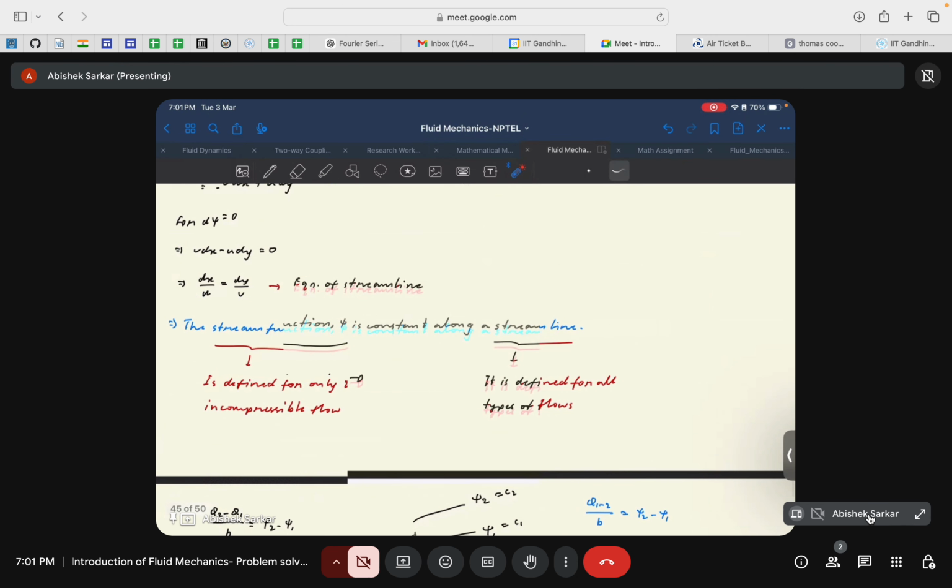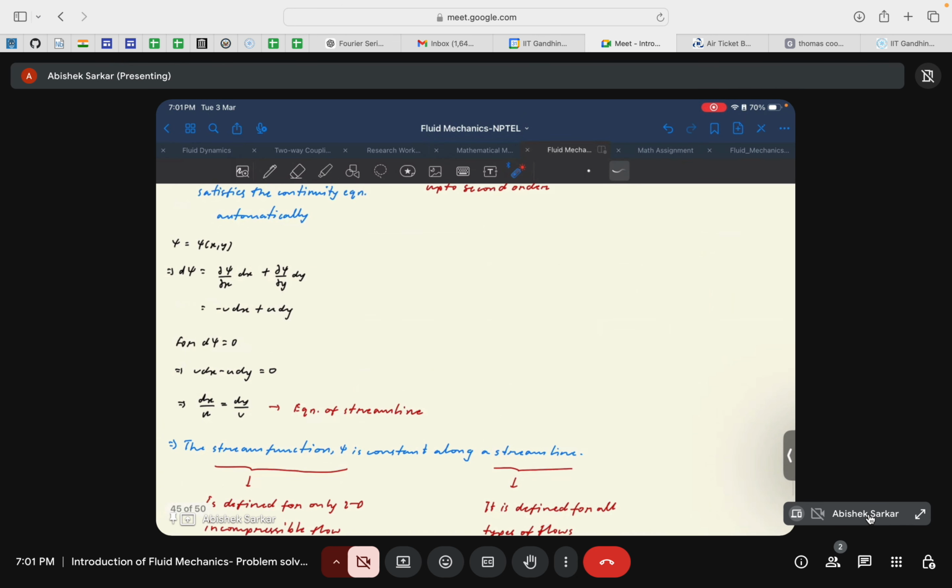So the thing is, say you're given a 2D flow, then also to explicitly solve for the velocity components and the pressure, you need to solve two coupled equations. That is, first your continuity equation and your momentum equation. Okay, so you need to solve for these two equations.